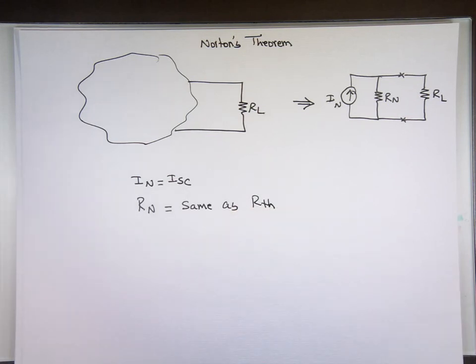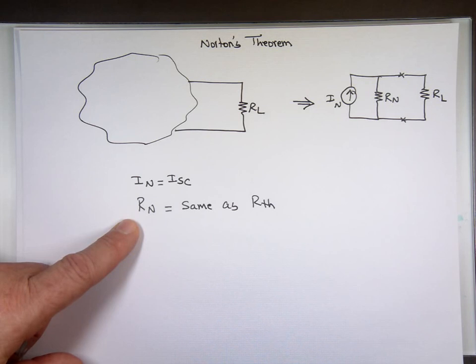So what does that mean? That means if you have only independent sources, you want to replace the voltage source with a short circuit, the current source with an open circuit, and find the equivalent, R equivalent. If you have independent and dependent sources, then R Norton will be V open circuit over I short circuit.